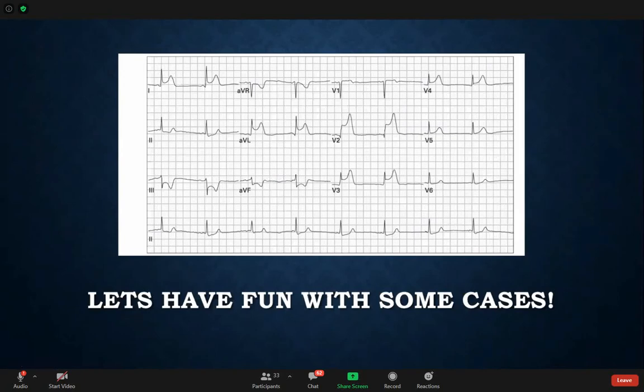There is an absent P wave at lead 2. Here there is a little deflection. Do you see it? Yes, I see it in lead 1 and lead 2. So basically, there is a P wave. Did you understand? It's not a normal P wave, but there is a P wave, right? Yes.